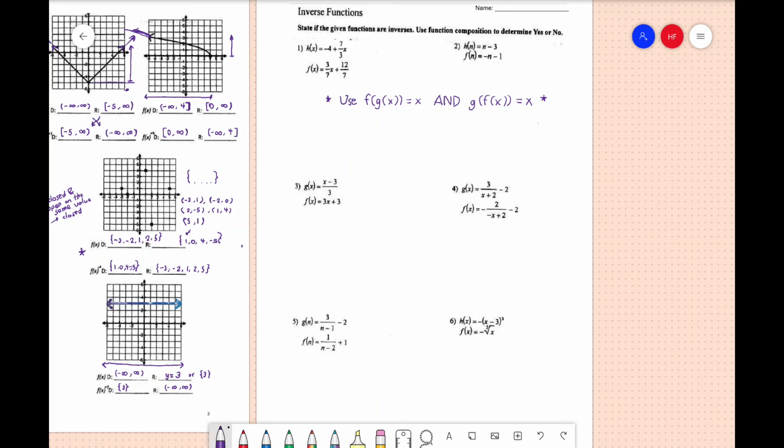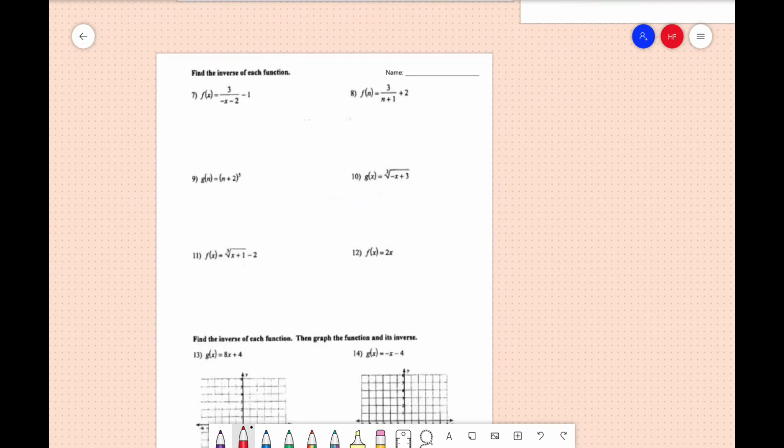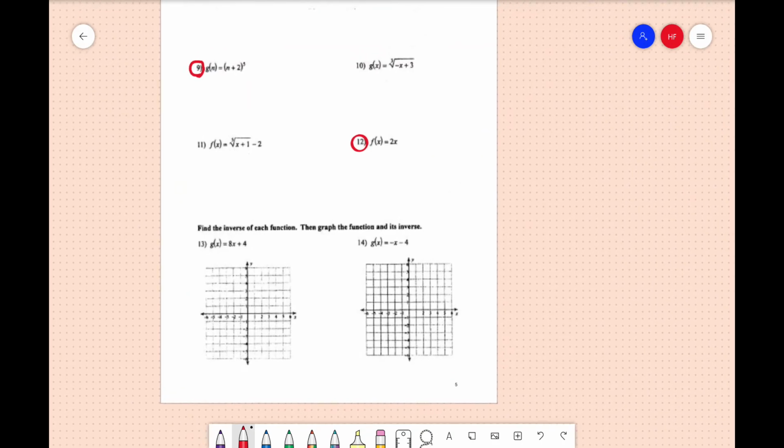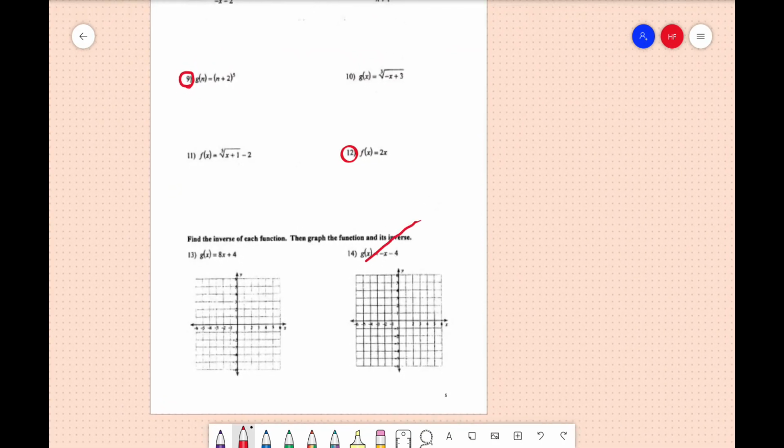I'm only going to give you 1 and 2 here. So 1 and 2. And then finding the inverse, let's do 9 and 12. And then forget about this bottom part.